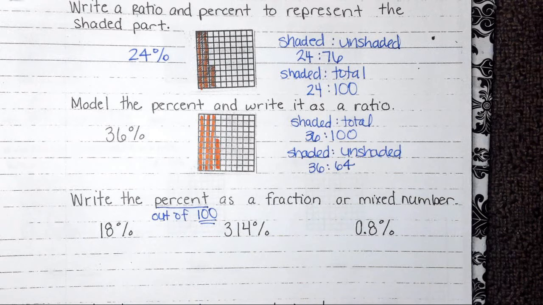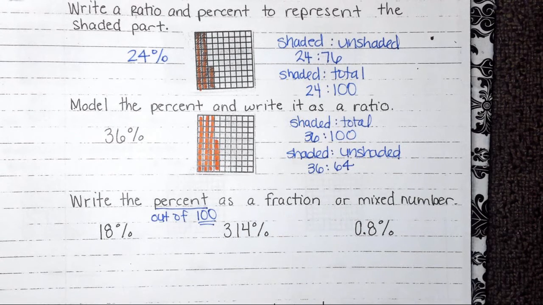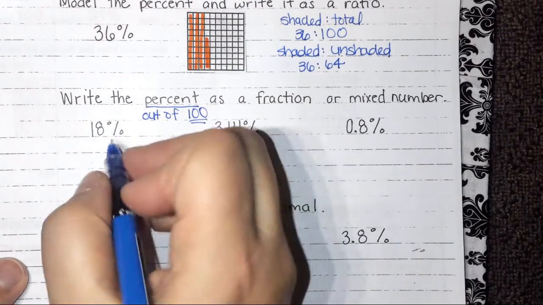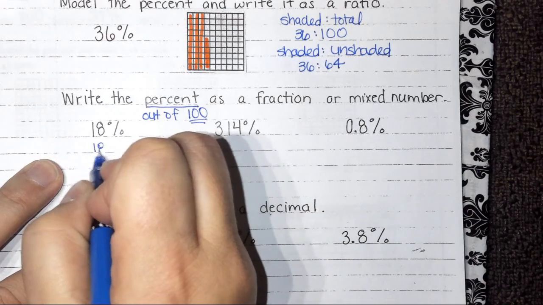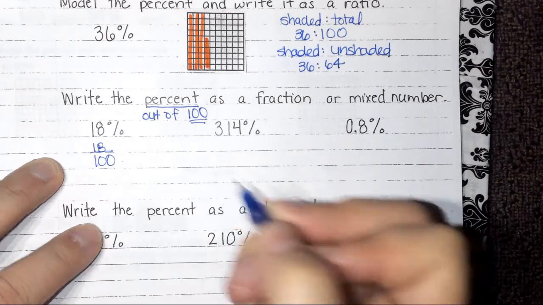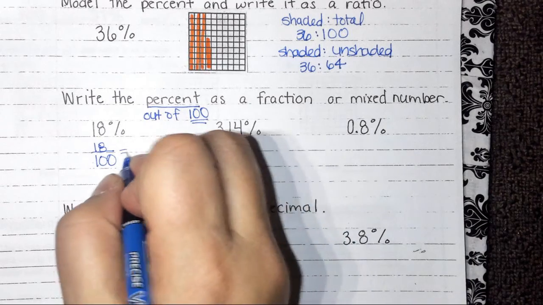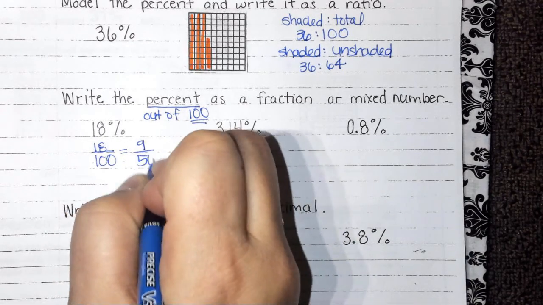So percent means out of 100. I'm going to slide this up just a little bit, guys. Okay, so how would I write 18% as a fraction? You got it. 18 over 100. It would be 9 over 50 if we simplified, yes.